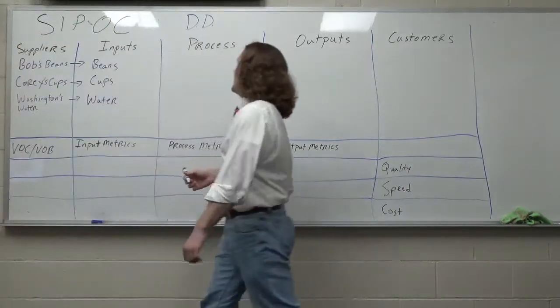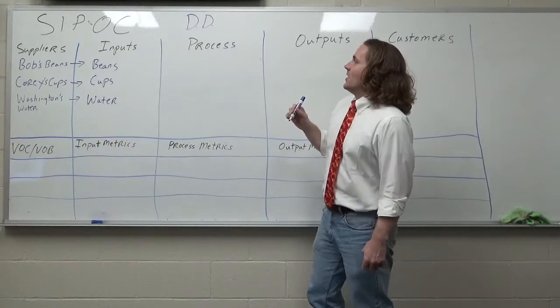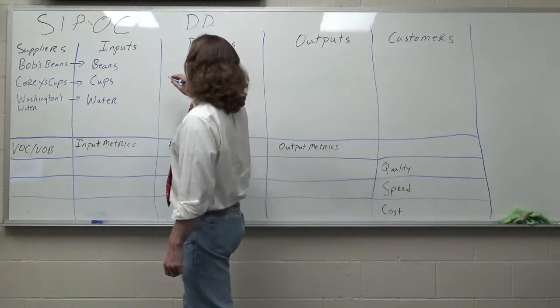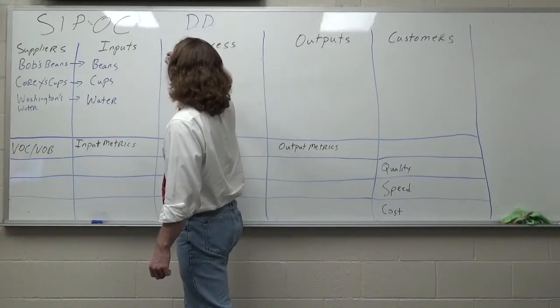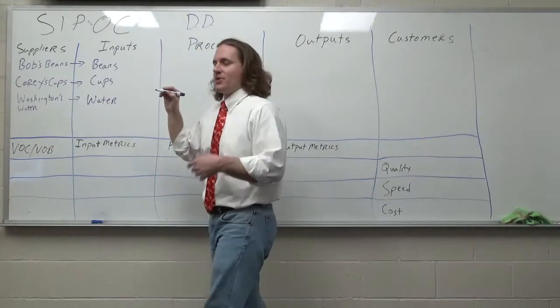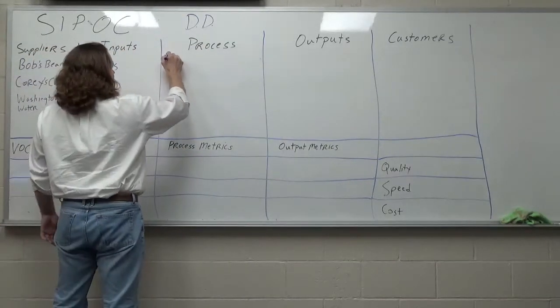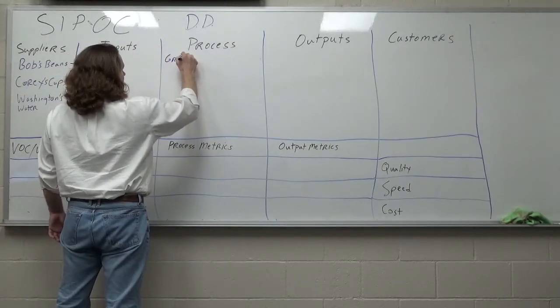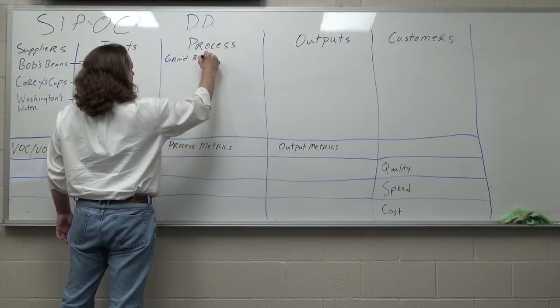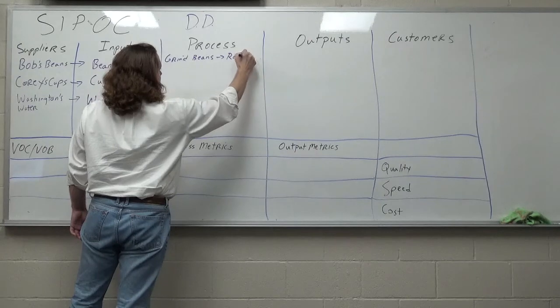Okay. Now let's look at the process. So maybe the first thing we do is, I don't know exactly how to make coffee. I'm not much of a coffee drinker. But I'll guess that you're going to grind beans in some way. Grind beans. Then you're going to maybe roast the beans.